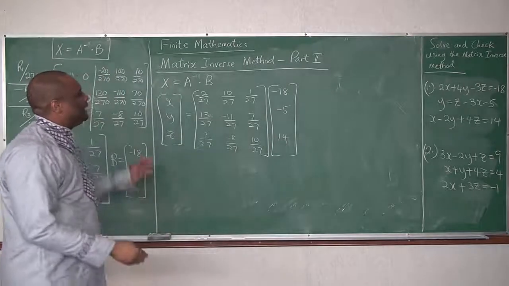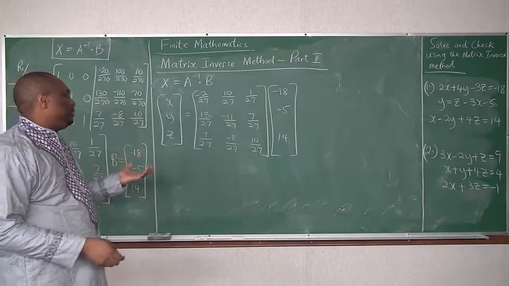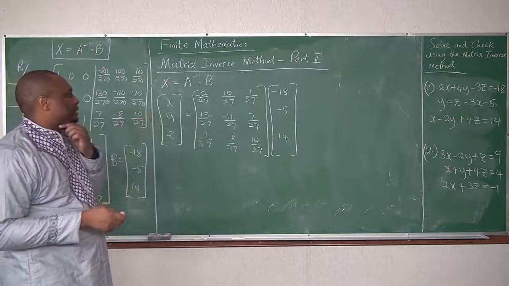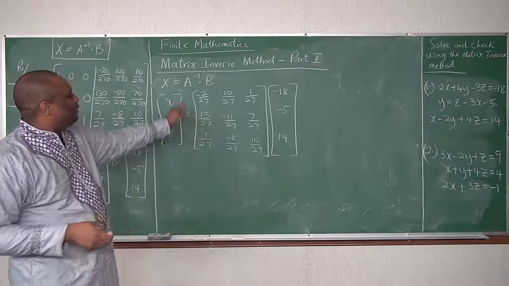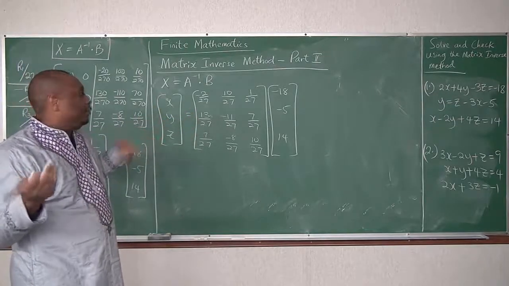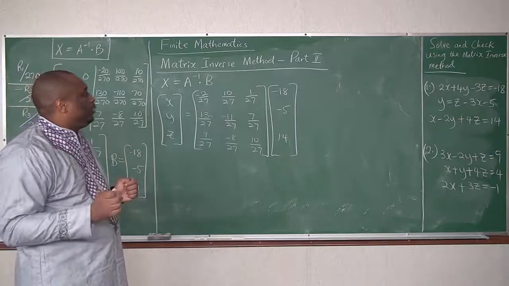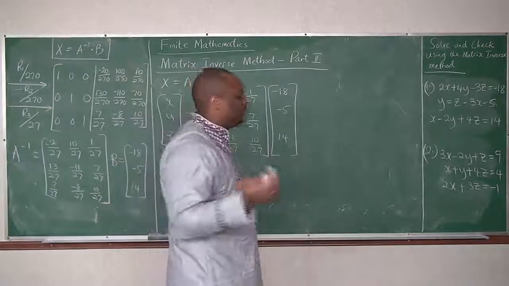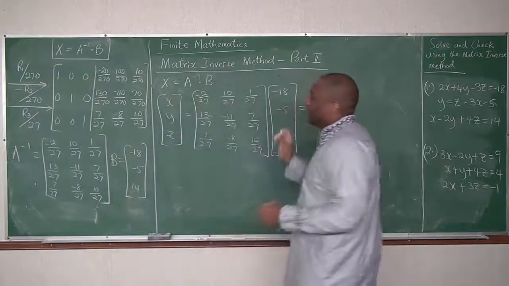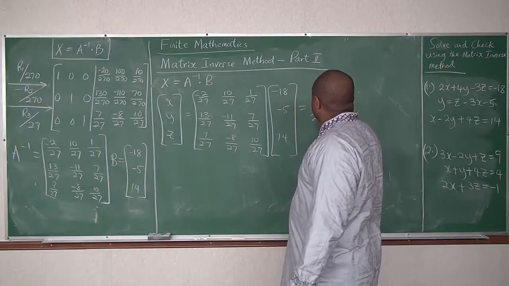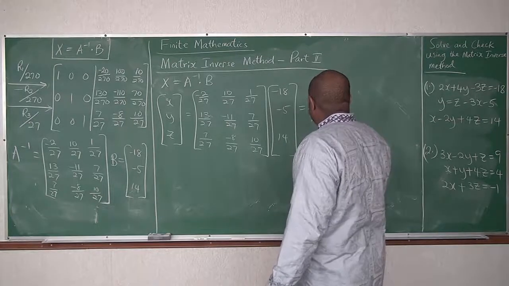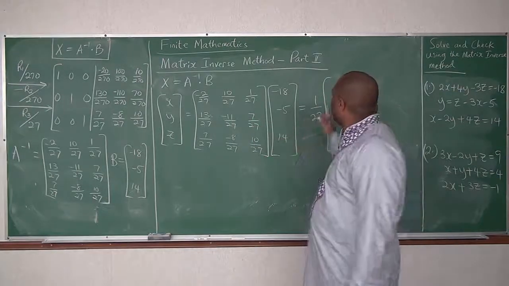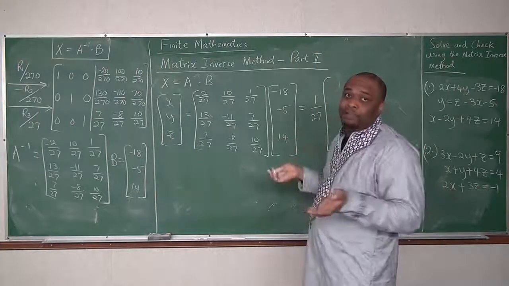You know what? If you don't like fractions, because everything is over 27, you can factor out 1 over 27, since everybody has a denominator of 27, because later on we still multiply by it anyway.